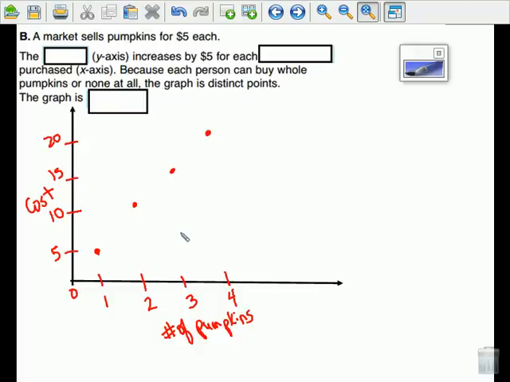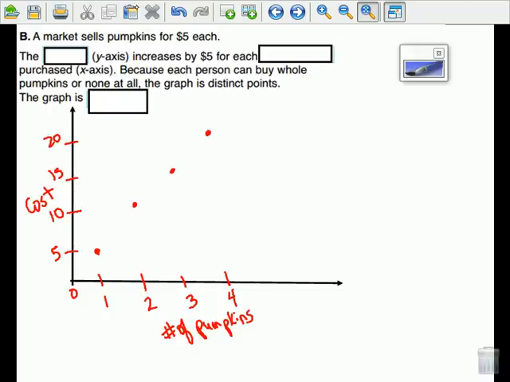So when I'm plotting the points, this is what I'll end up plotting. Now again, we have to decide, is this continuous or discrete? Would it make sense for them to sell us 1.5 pumpkins or 2 1/10 of a pumpkin? It does not make sense for us to connect these dots, because if we connect it, then all the points that are along the straight line here would have to have a solution. And again, you're not going to find anybody at a pumpkin patch who is going to sell you 3 3/4 of a pumpkin.